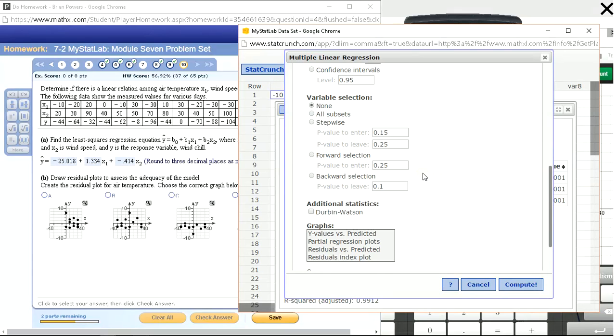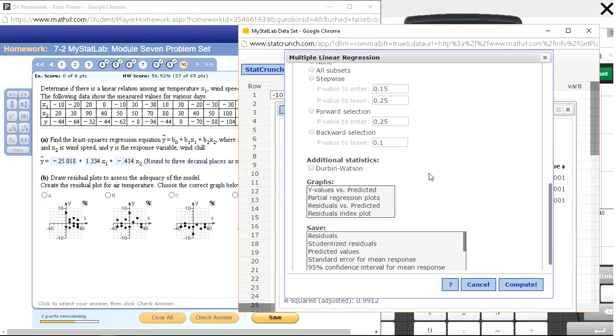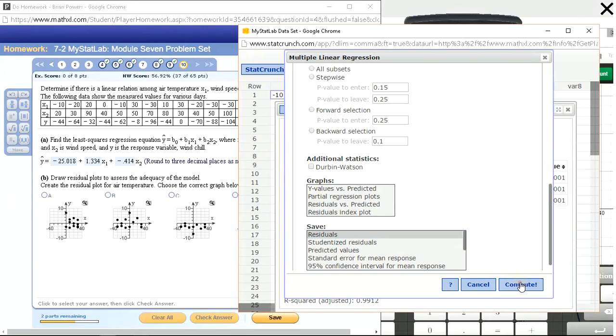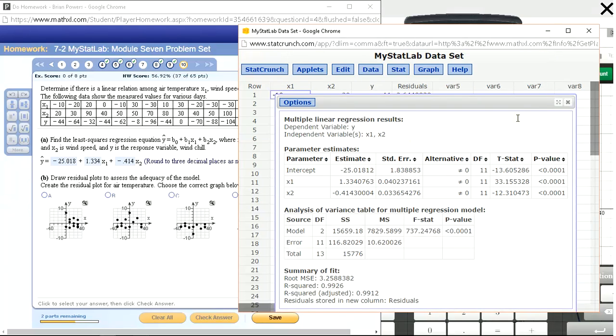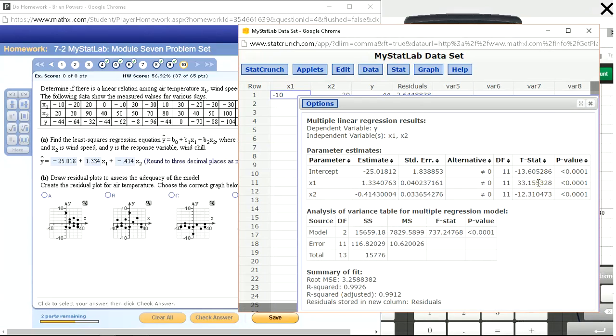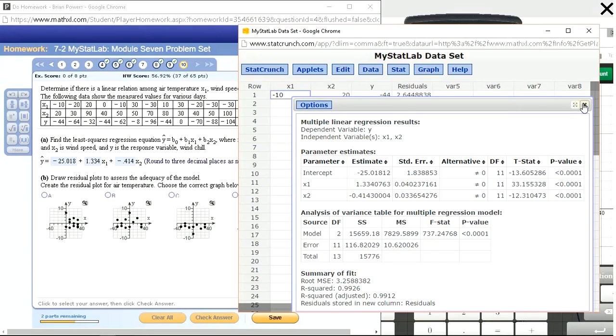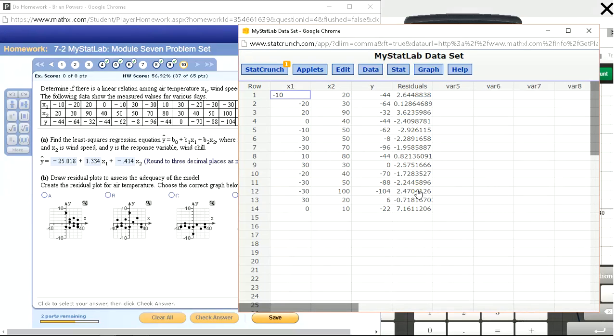As far as I know, it doesn't have a way to generate the graph that we want directly. So we're going to click Save Residuals, and that will create a new column in our spreadsheet down here. Okay, let's close it. So you can see my residuals are now saved.